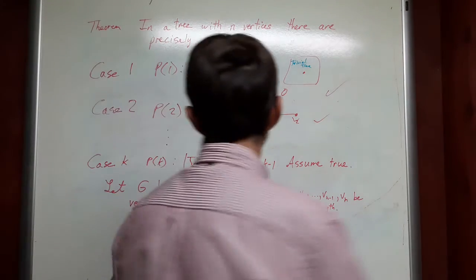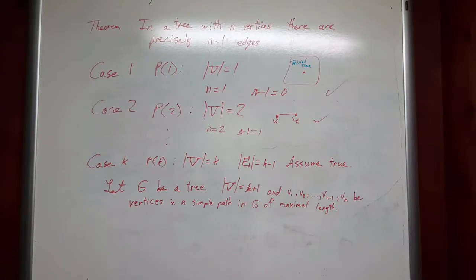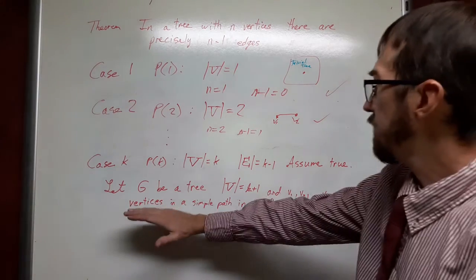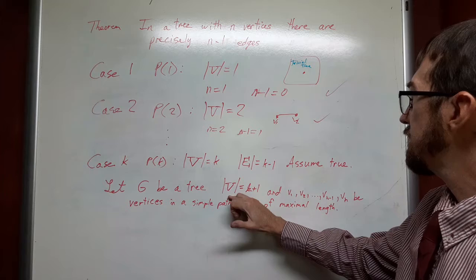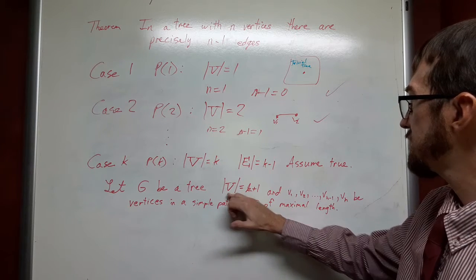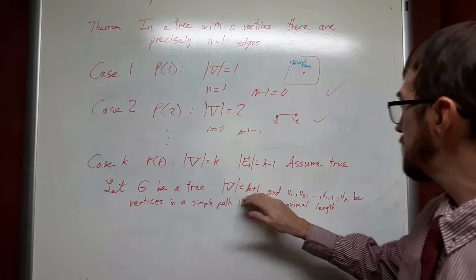So if the order of V is K, then the order of E should be K minus 1. We're going to assume this is true. So this is our inductive process. Now we're going to let G be a tree where the order of the set of vertices is K plus 1. So we're going from K to K plus 1.